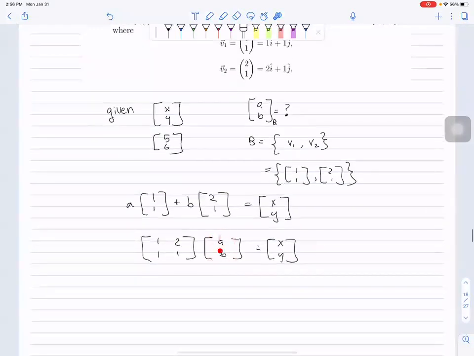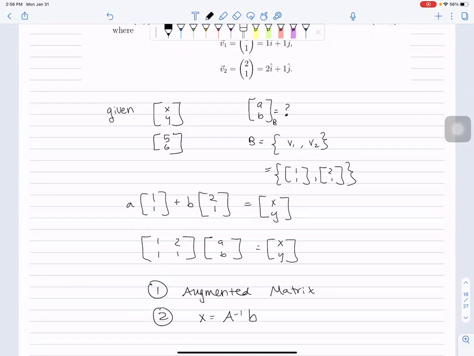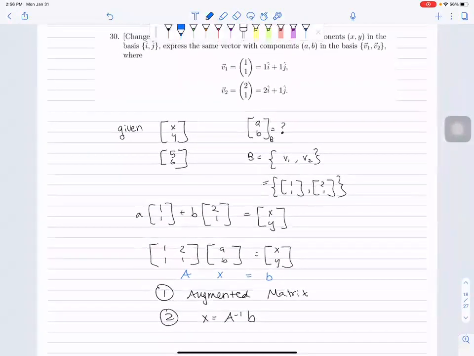You can solve for AB either with method 1, doing an augmented matrix and solving it that way, or you can do the x equals A inverse B version, where you multiply both sides by the inverse of your matrix. So you would be given x, y as numbers, and then this looks exactly like the AX equals B question, which we saw last week. Any other questions on this example?